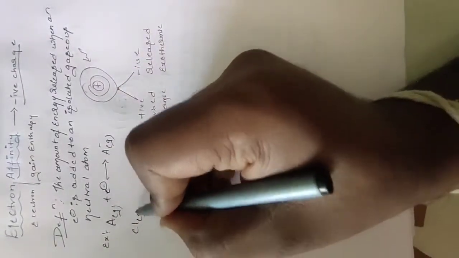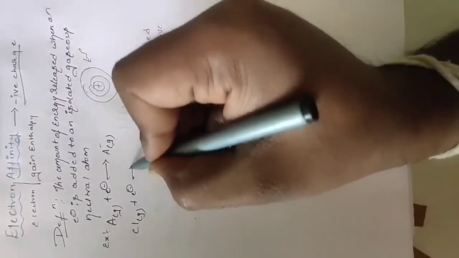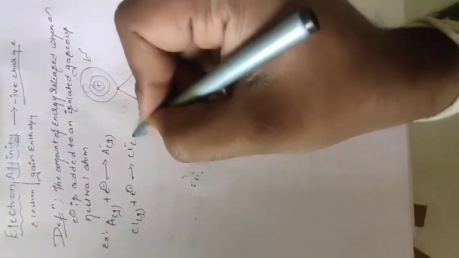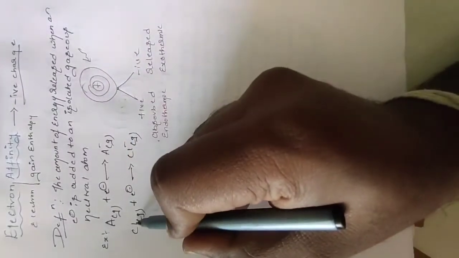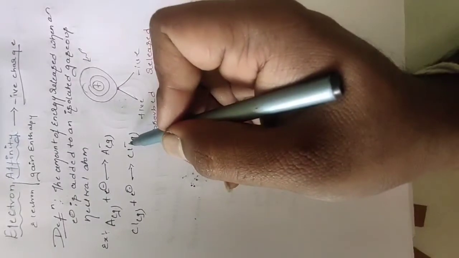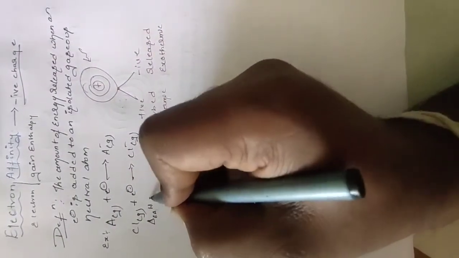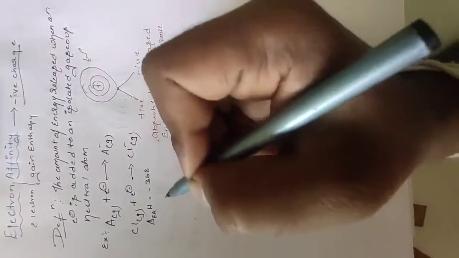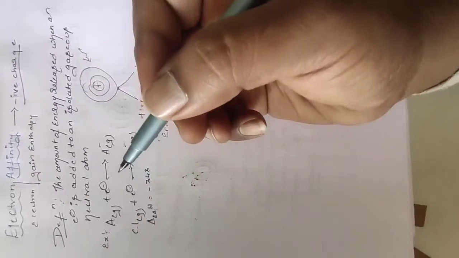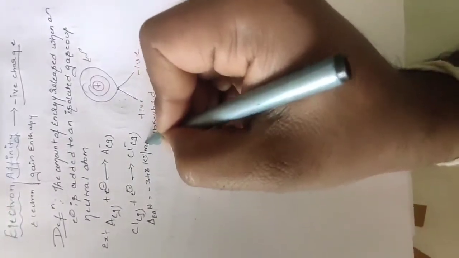It is in a neutral gaseous state. If you add an electron to it, it becomes a chloride anion in the gaseous state. For chlorine neutral to chloride anion, the enthalpy change is equal to minus 348 kilojoules per mole.